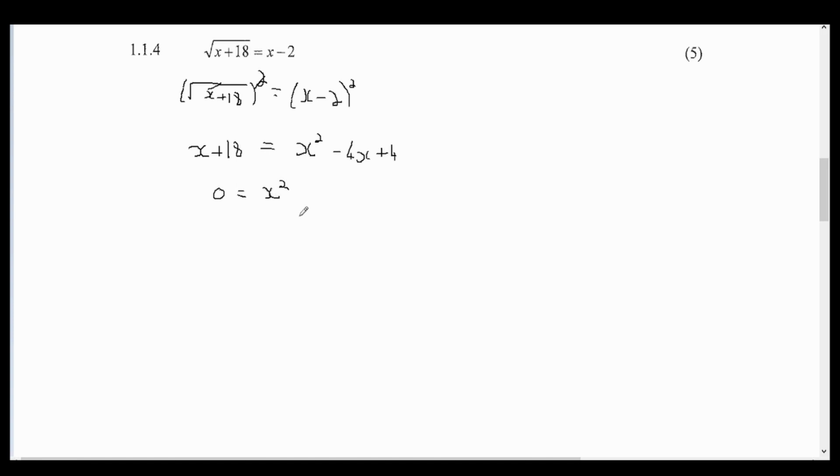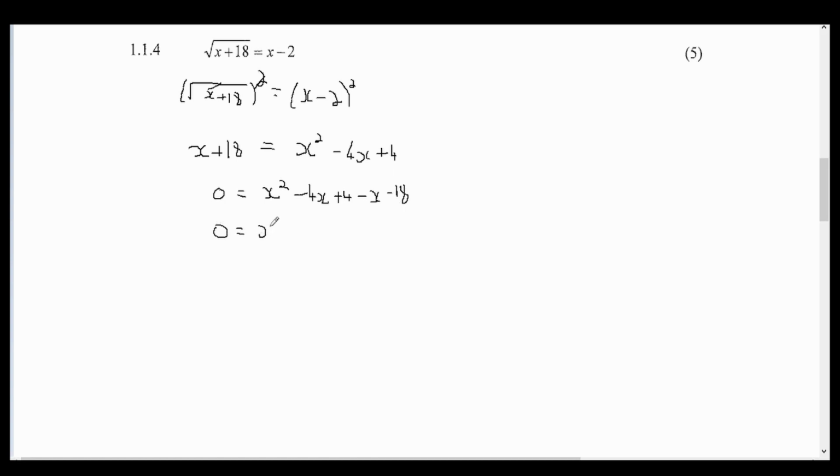Let me do extra steps so you don't get too confused. So we're going to leave all these terms on the side, plus 4. And then we're going to take our x over, so it becomes negative x. And we're going to take our 18 over, so it becomes negative 18. And then now we add like terms.